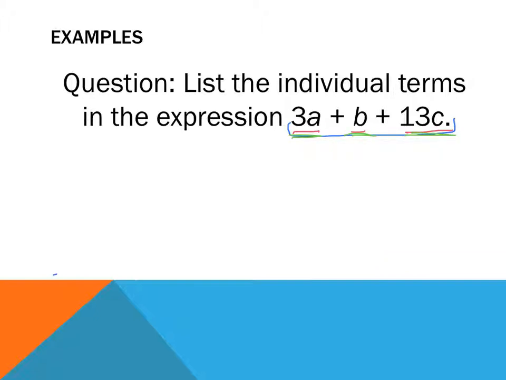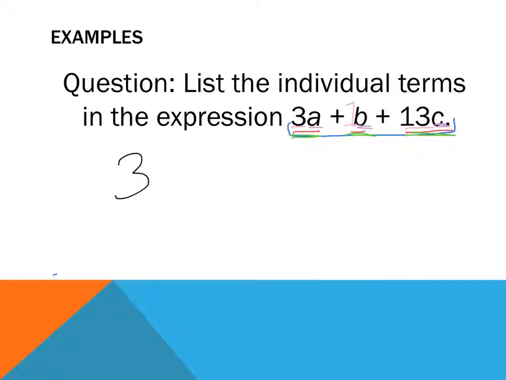These individual guys, these are called terms, okay? And within a term, you can have pronumerals, and you can also have coefficients. So 3 is the coefficient of A, 13 is the coefficient of C. Now B doesn't have a coefficient in front of it, so I know that there's only one instance of that B. Okay, so it's asking me here not to do anything but list the terms.